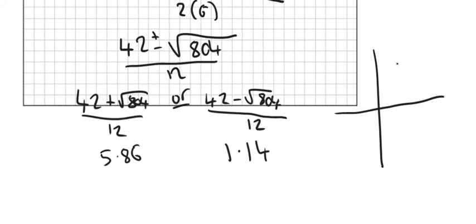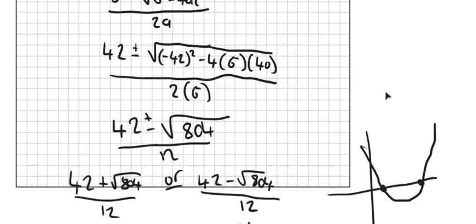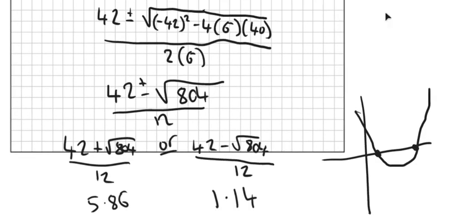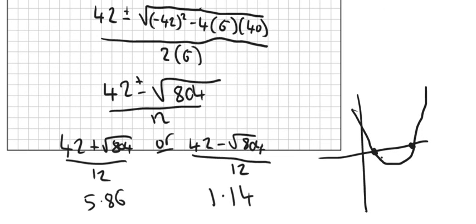So if you're thinking about it on a graph, the roots of it are 1.14, so we'll just say that's 1.14 there roughly, and then out here would be 5.86. So the curve will look something like this, because it's a quadratic. So therefore we're interested in where it's negative, so where the curve is negative. Therefore whenever the curve is negative, it has to be down below the line, doesn't it?